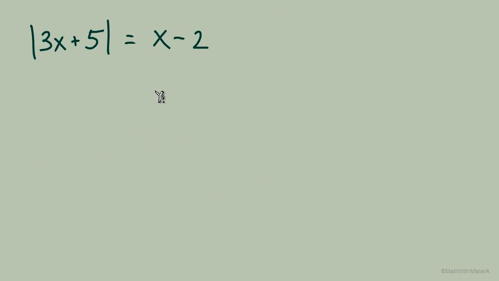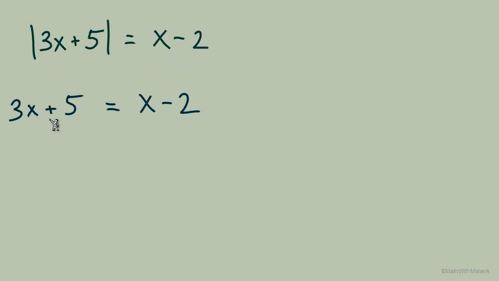Now the next example, we have an absolute value equal to an algebraic expression, not just a number, but our approach is the same, that this will become 2 equations without the absolute value, and that the opposite side from the absolute value, one equation uses it as is, and the other equation will use a negative.